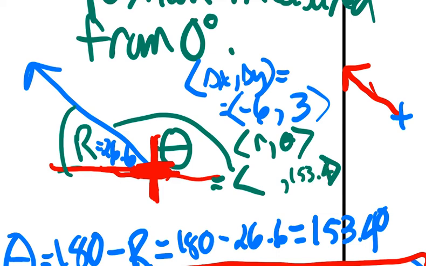Sorry, I misspoke earlier. So I go to this little crosshair, and then how would I draw this vector? Well, I'd have to go 153.4 degrees from 0. And then what would I do? I would make that vector 6.7 centimeters long. And then that would be my vector.